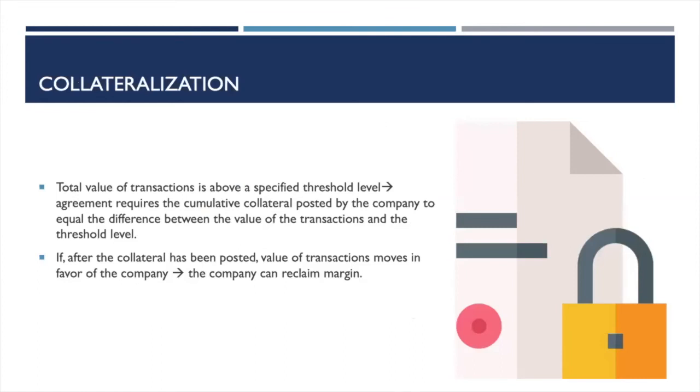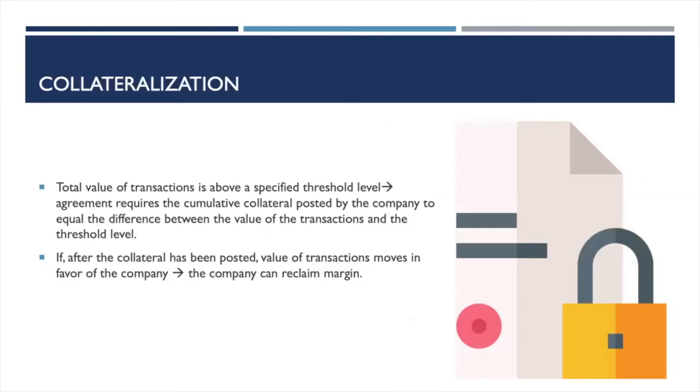Another way to mitigate credit risk is using collateralization. If the total value of the transactions to the financial institution is above a specified threshold level, the agreement requires the cumulative collateral posted by the company to equal the difference between the value of the transactions to the financial institution and the threshold level.